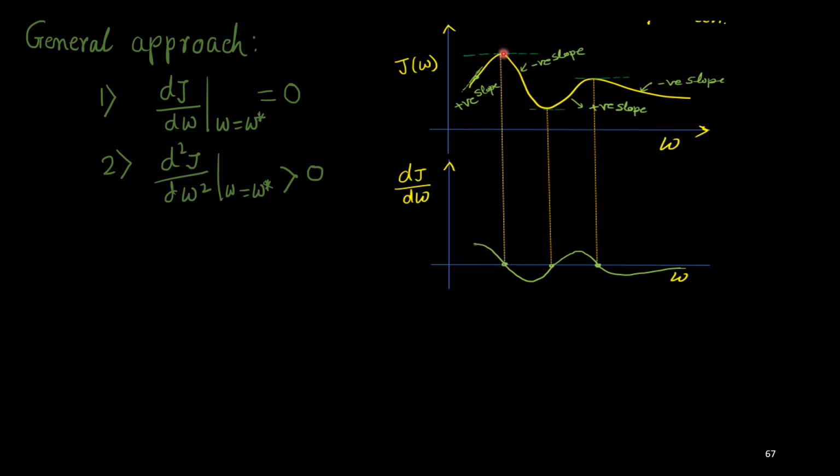Afterwards, as we are moving to the right side of this maximum point, the function value is reducing, meaning the gradient is negative. So between these 2 points, the gradient will remain negative every time. From here it will start again from 0, and in between it will remain negative.